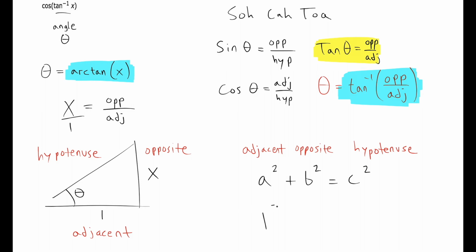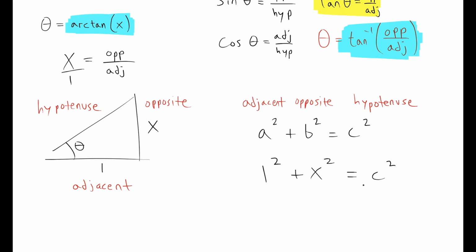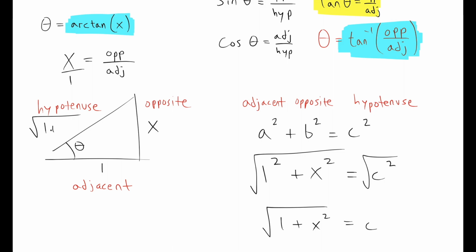So we have 1 squared plus x squared equals c squared. If we take the square root of both sides, this tells us c is the square root of 1 plus x squared. Now we can write that in.